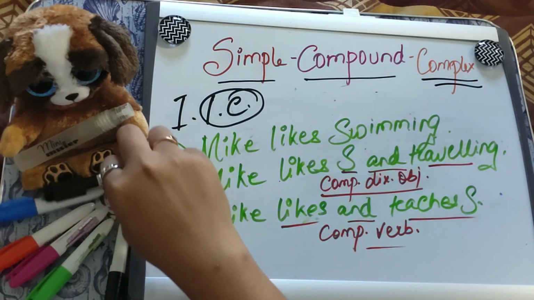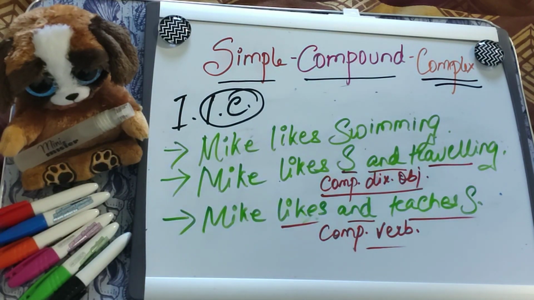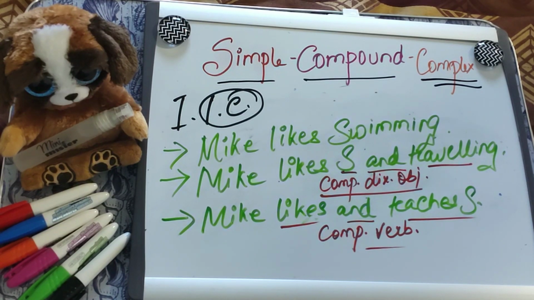So this is also an example of a simple sentence. You can use this structure whenever you are writing task 1 or task 2, but this will again be identified as a simple sentence in a different form.